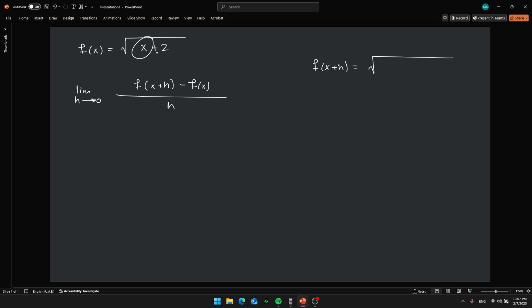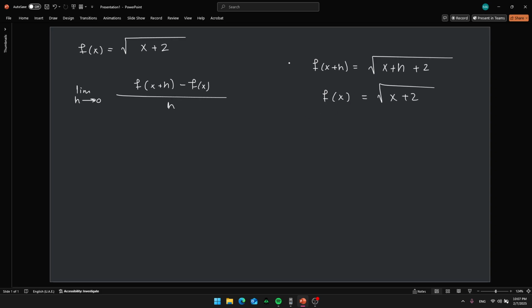So I have an x here, so I'm going to substitute x plus h, then plus 2. So this is f of x plus h. And the second part is simply f of x, so radical x plus 2.